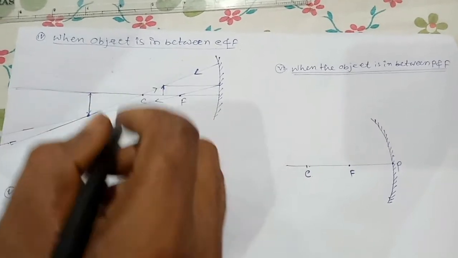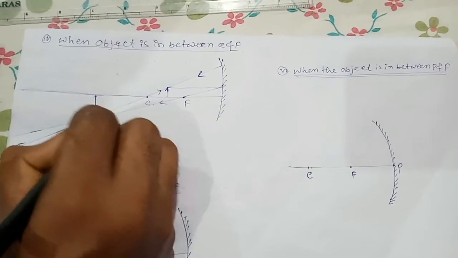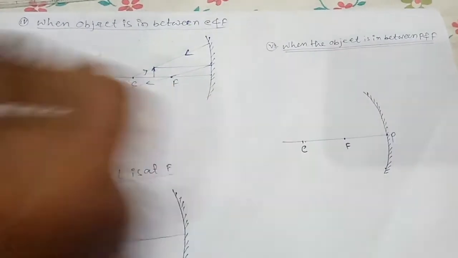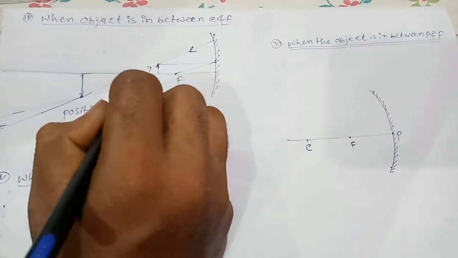So now position of the image is beyond C, in front of the mirror.